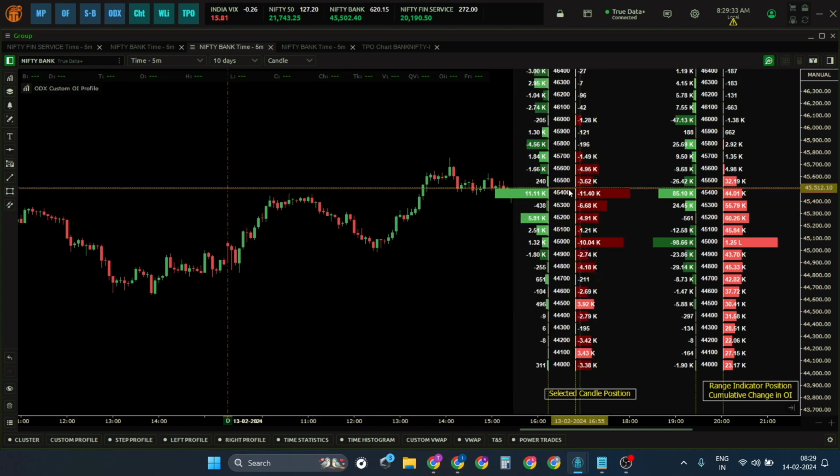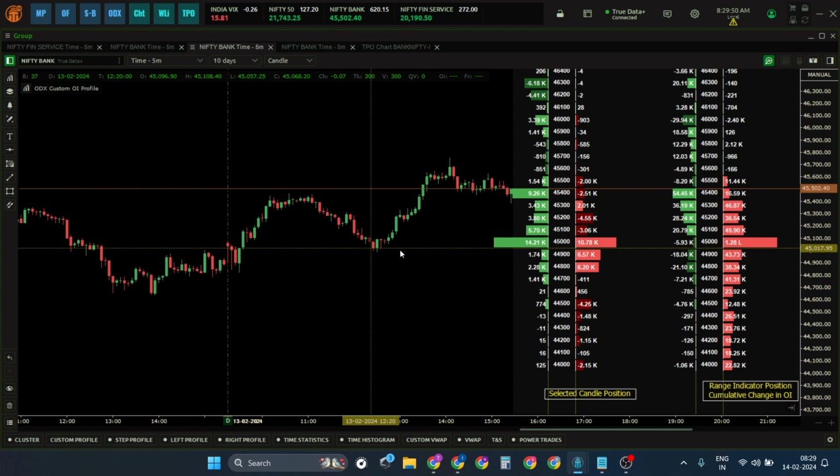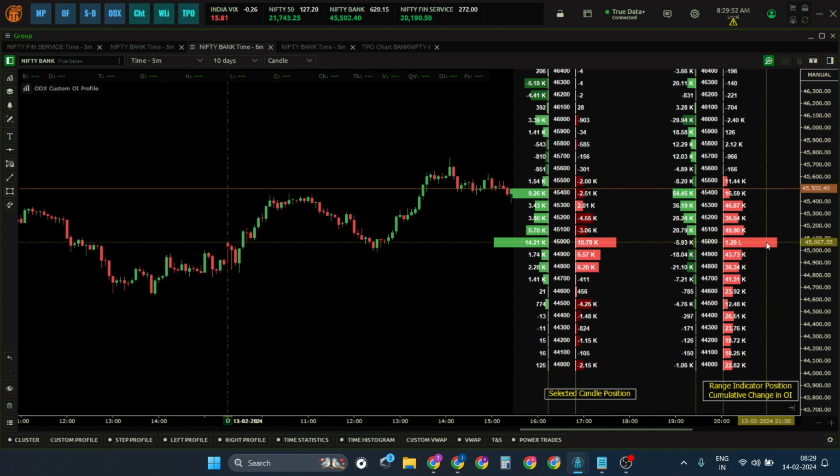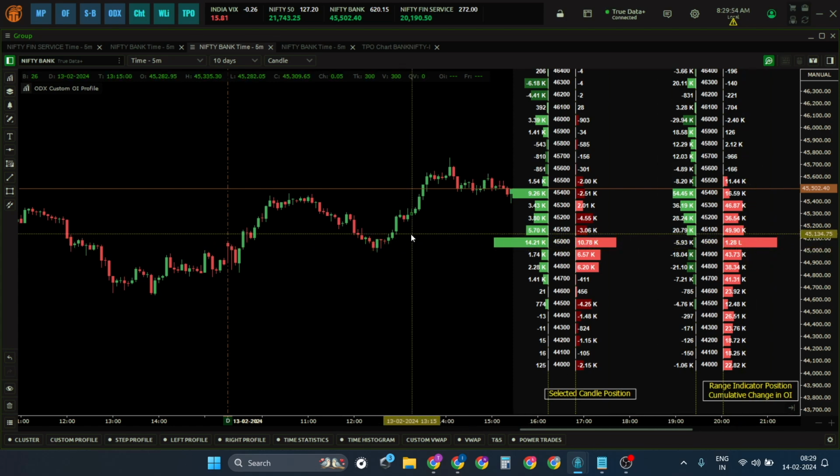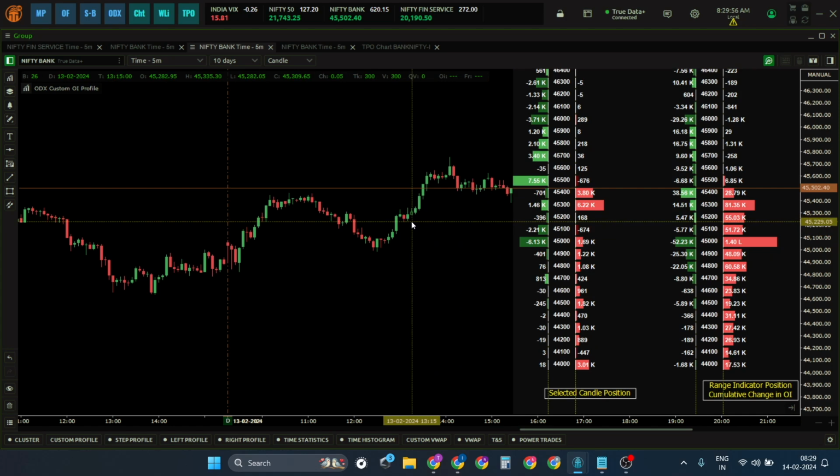If you see again 45,400, we have got a good number of call writers, and put writers again started to book their positions. But still one number, if you clearly see, this 45,000 is still good. Even at this stage it still has above 1 lakh contracts. So this is how you can track the data of change in OI.